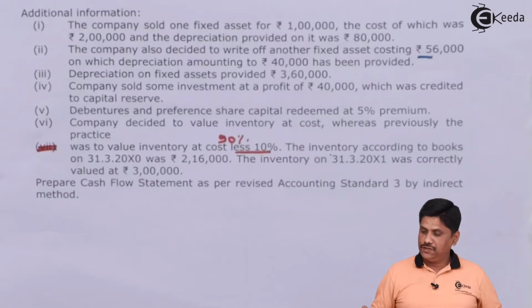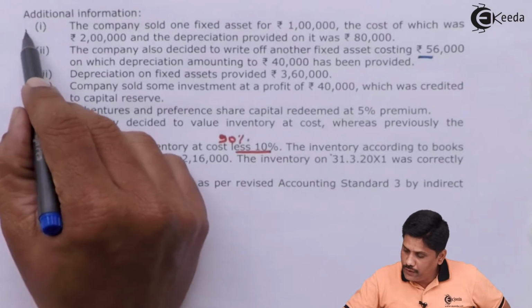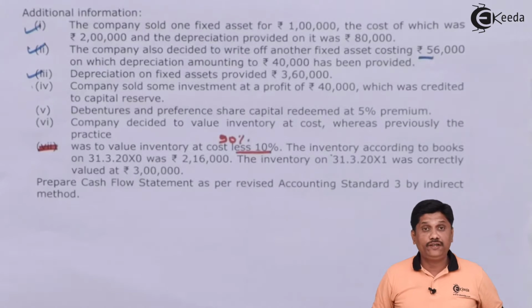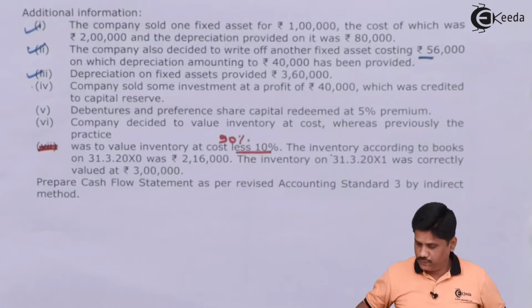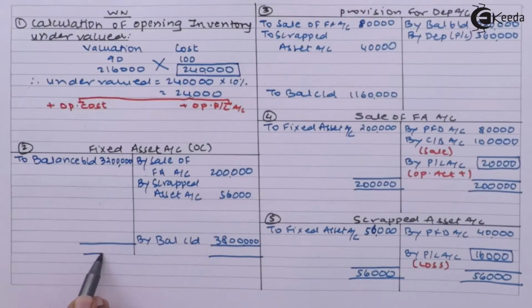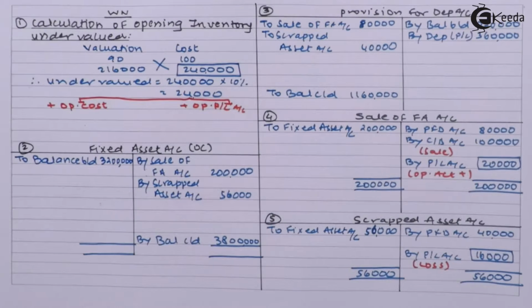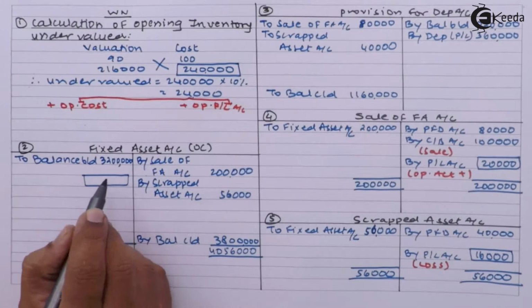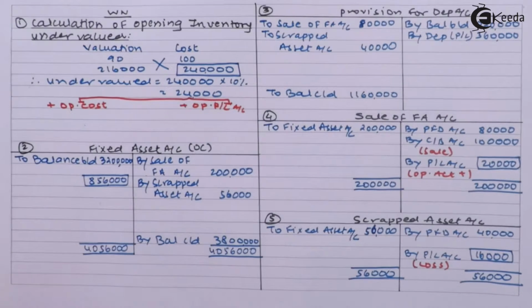Hopefully all information relating to the fixed asset is over. 1, 2 and 3. 3 points are covered. Now we are free to close our fixed asset and PFD account. We got difference on debit side of fixed asset.